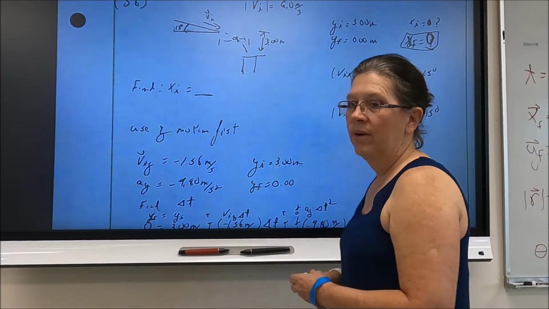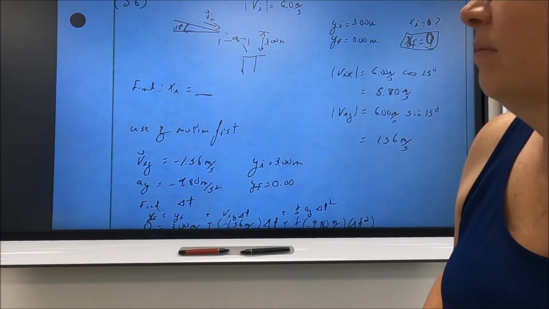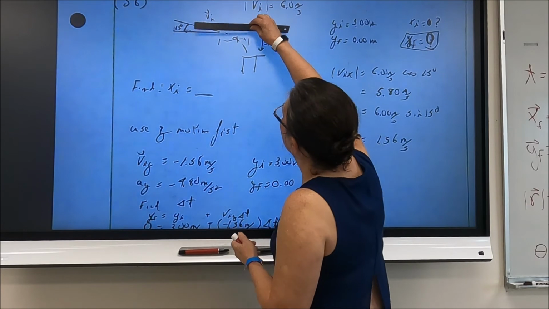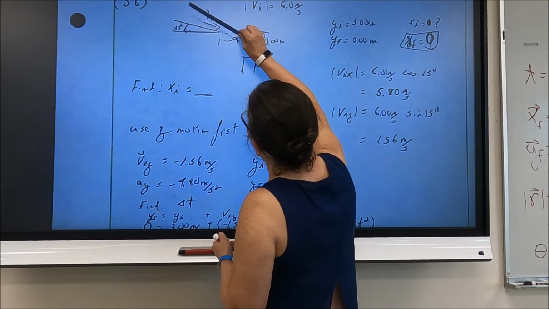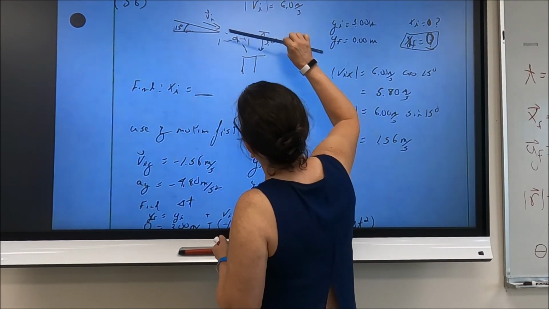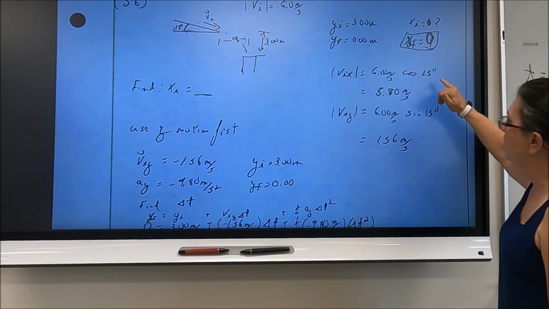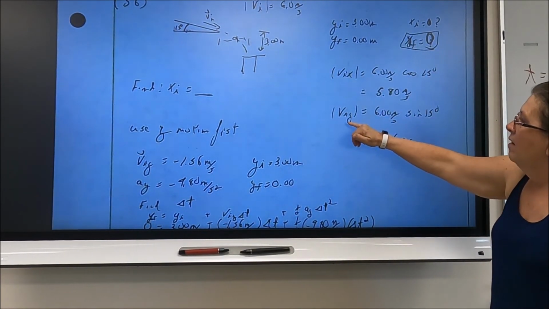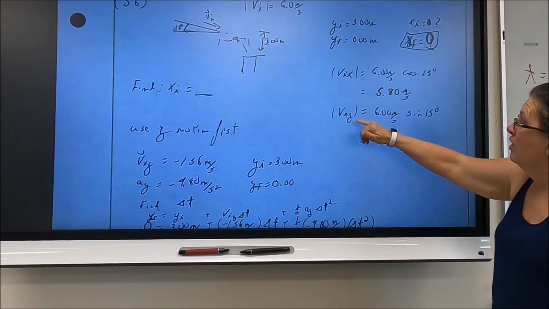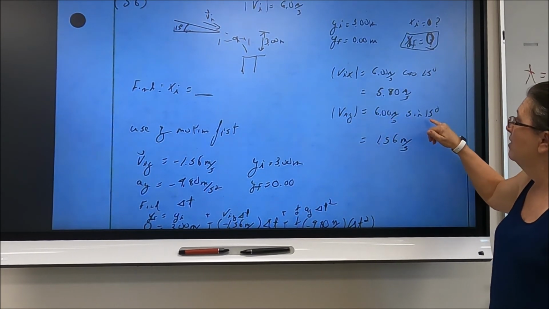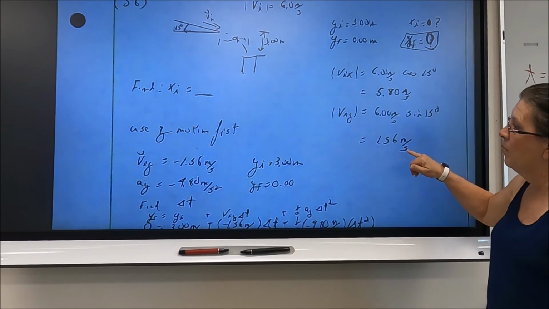Now remember, if I were to extend this line out here, opposite angles like that are going to be equal. So that's why I can use 15 degrees. Velocity initially in the y direction, its magnitude is going to be 6 sine of 15, or 1.56.